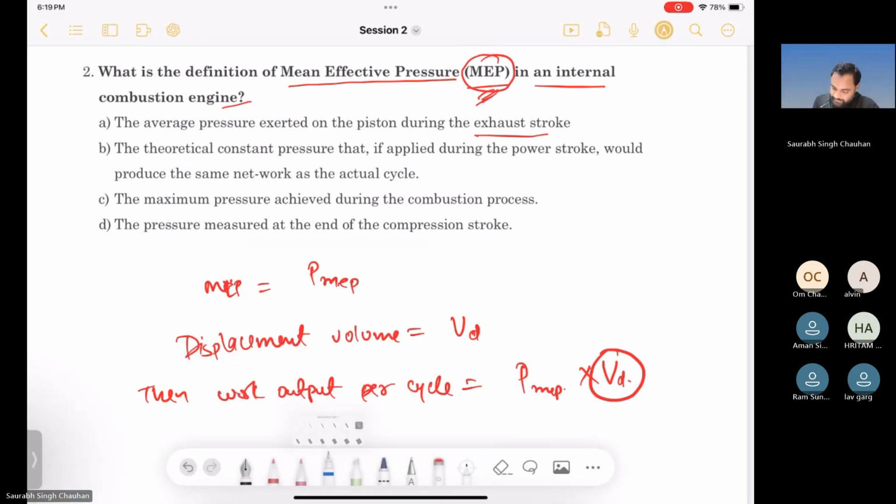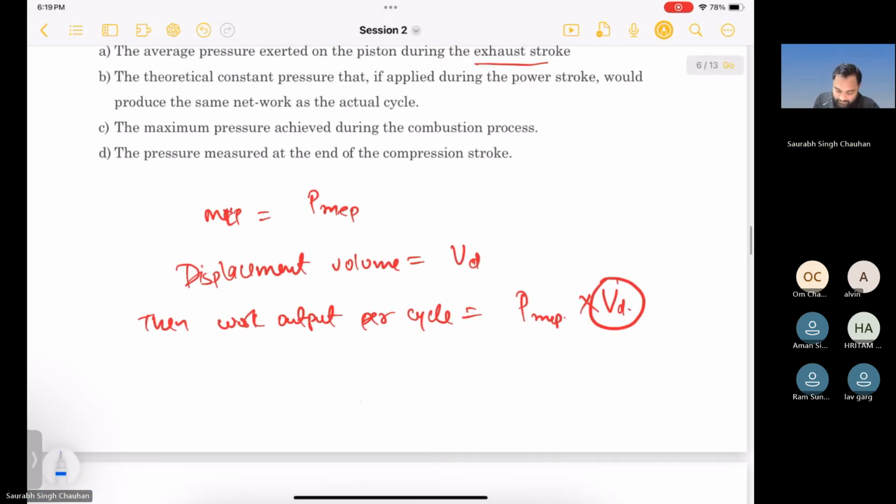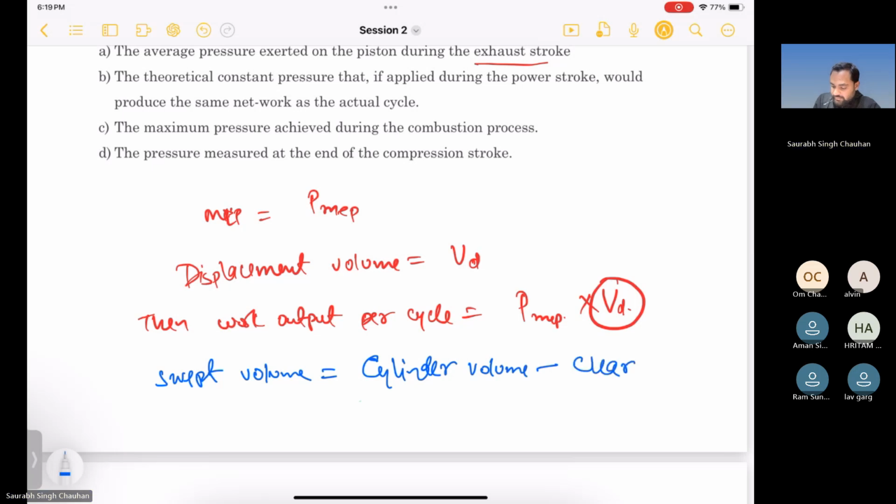So swept volume is equal to your cylinder volume minus clearance volume. Okay, that is your swept volume.